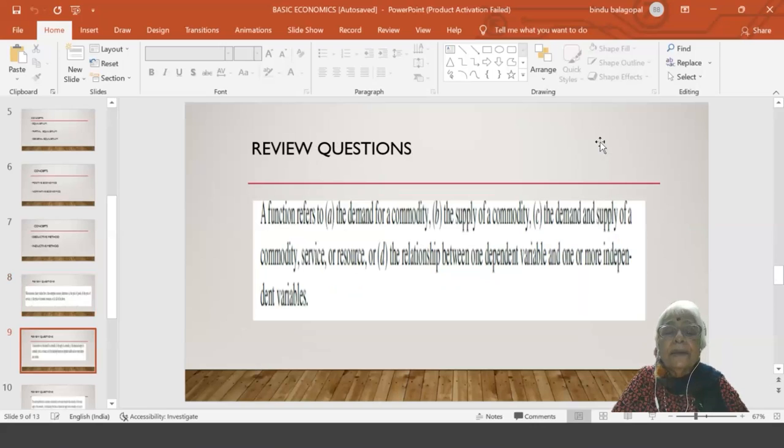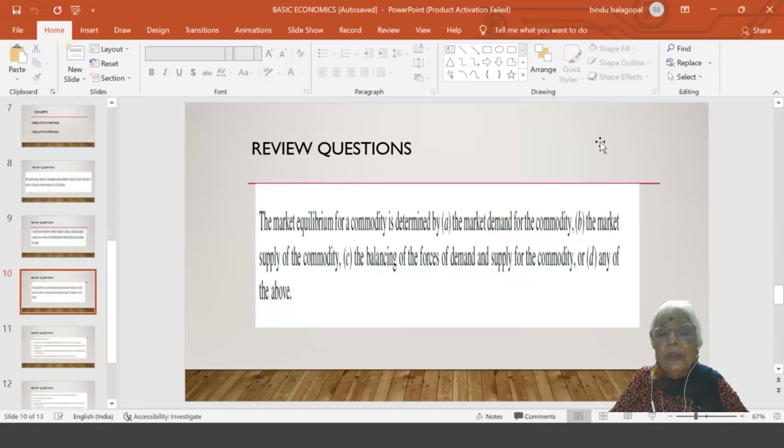A function refers to A, the demand for a commodity, B, the supply of a commodity, C, the demand and supply of a commodity, service, resources, D, the relationship between dependent variables and one or more independent variables.